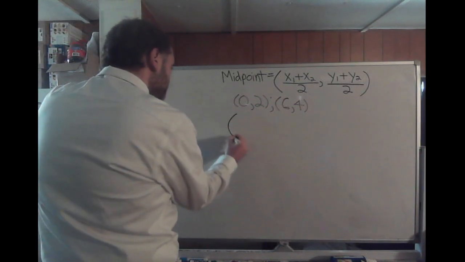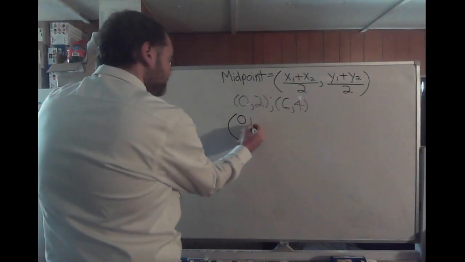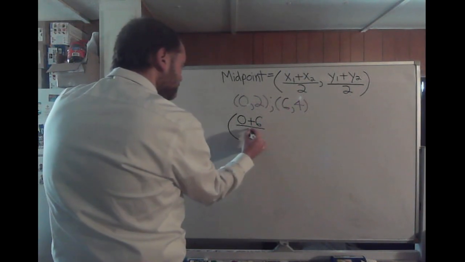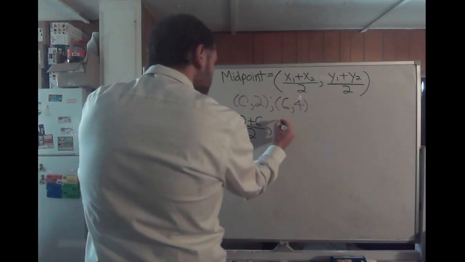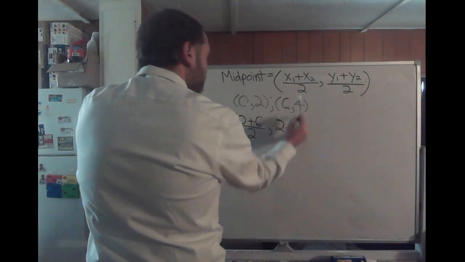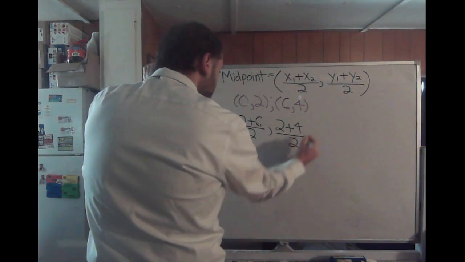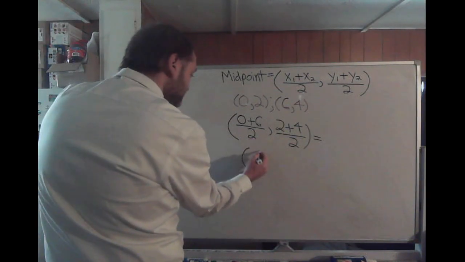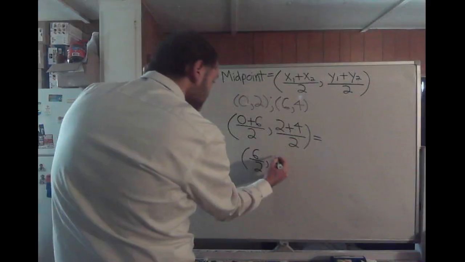Well, you'll take your first x coordinate of 0 plus your second x coordinate of 6, divide that by 2, and then you'll take your first y coordinate of 2 plus your second y coordinate of 4, divide that by 2, which then of course would end up giving you 6 over 2, and then also 6 over 2.